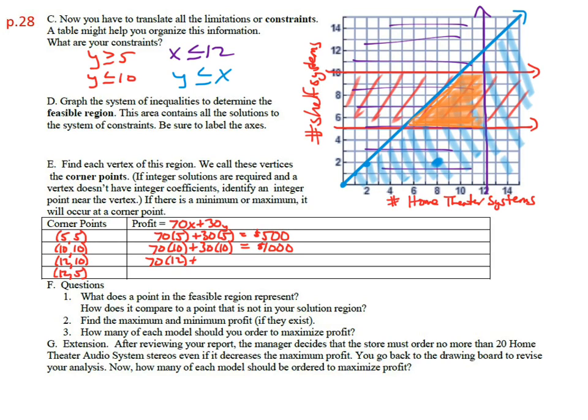At 12, 10, we'll have a profit of $1,140. And at 12, 5, we'll have a profit of $990.